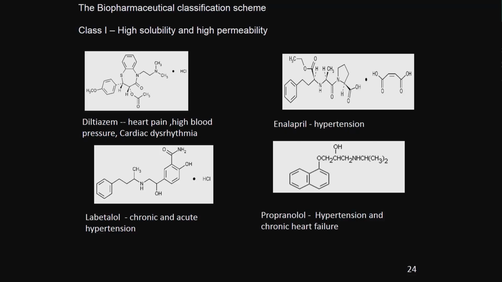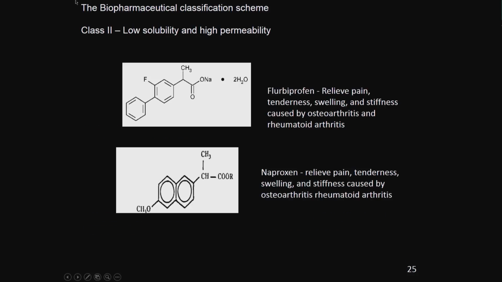Now let us look at class 2 type of drugs, low solubility, highly permeable. That means its hydrophilicity is less, permeability is good, that means it is hydrophobic. Okay.